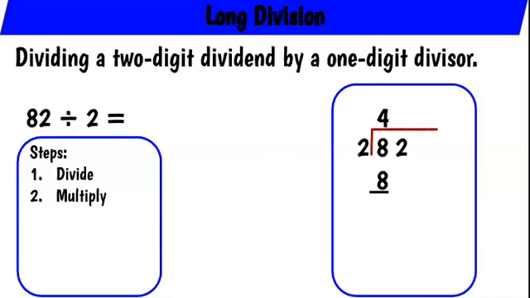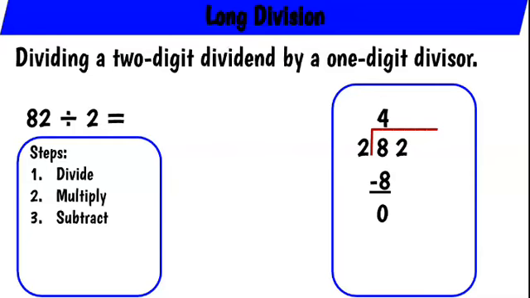That 8 goes under the first digit of our dividend, which we had divided to get our groups of 4 by that divisor 2. Our next step would be to subtract. 8 take away 8 will give us 0.